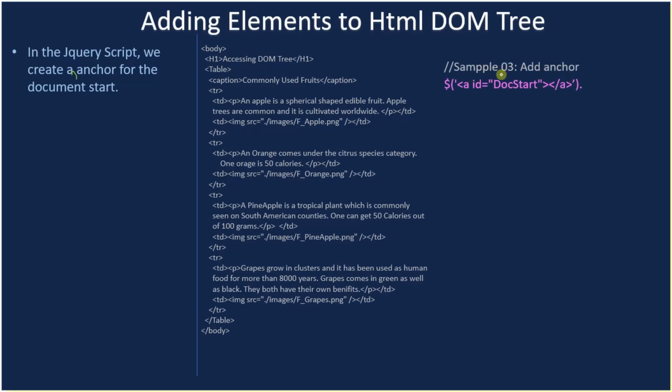So here we are adding the new code snippet to our existing example, and here if you see, to this dollar function we are passing the HTML content. We are using the anchor element, right? Anchor element is ending here, id equal to document start. So we are creating the anchor element.